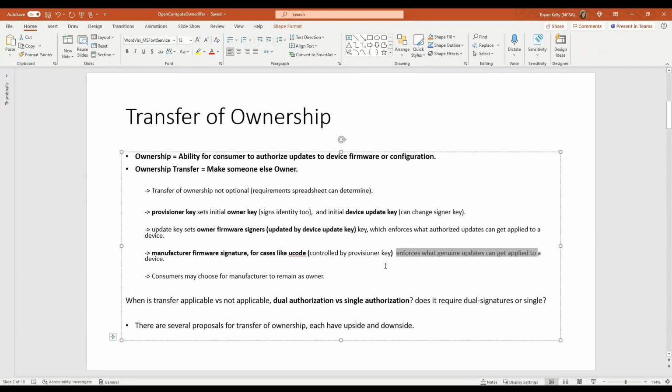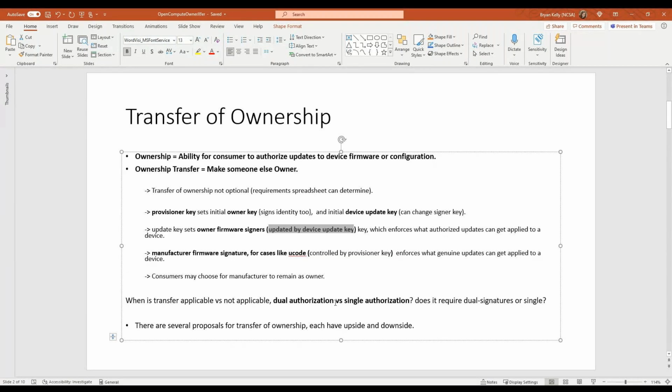That was orthogonal to ownership transfer, where you had a signer, essentially a device updater, who was authorizing that update.